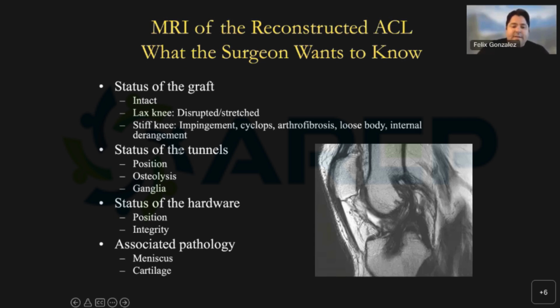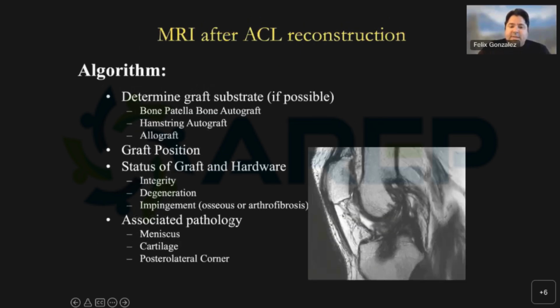The other thing that we look at is the status of the tunnel, the position, whether or not you have any osteolysis or presence of a ganglion cyst. Always look at the status of the hardware, position, and integrity, and any other associated pathology in the meniscus and cartilage, being the most relevant sites that you want to look at additionally.